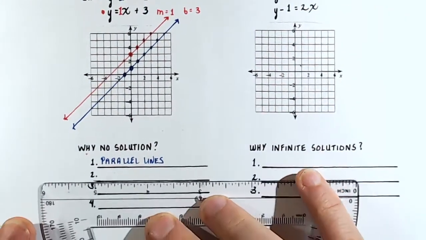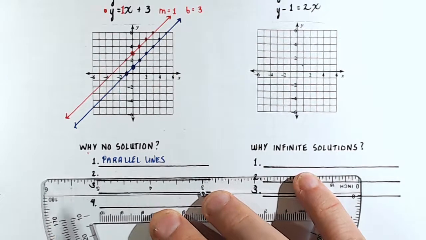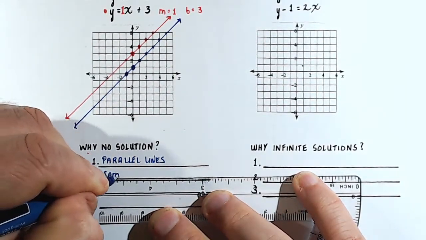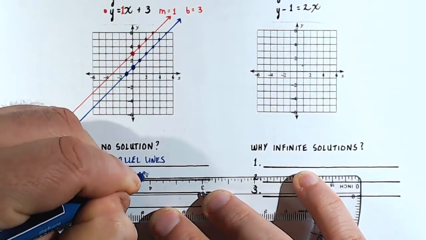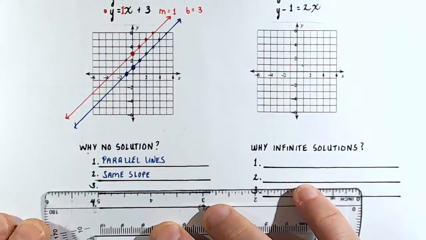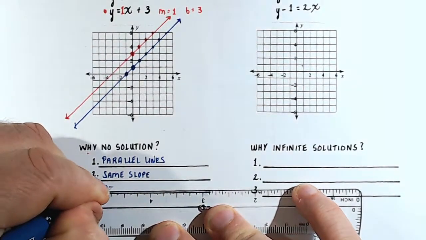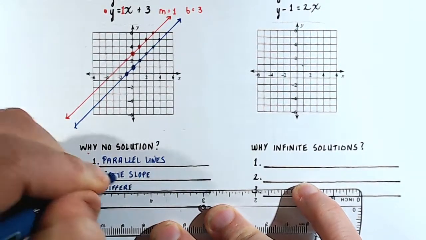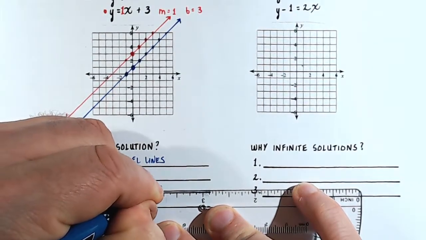So here's the definition of parallel lines. Same slope, different y-intercept. What I'm writing is different y-int.